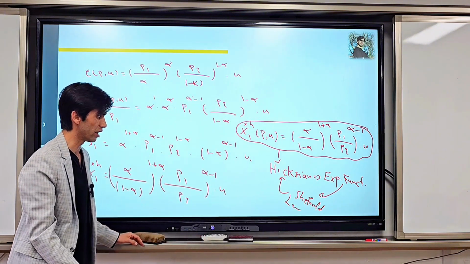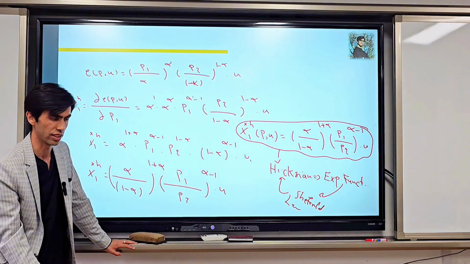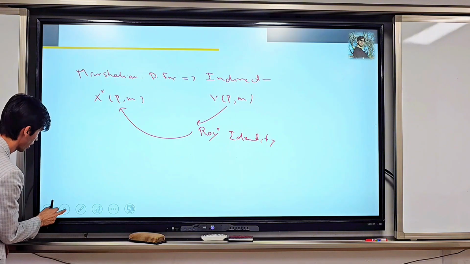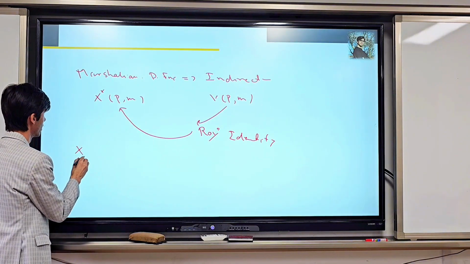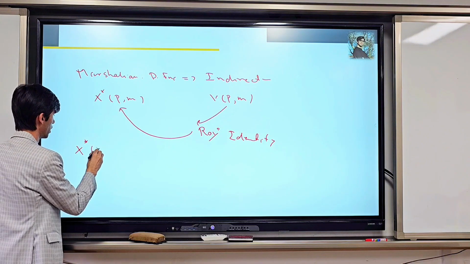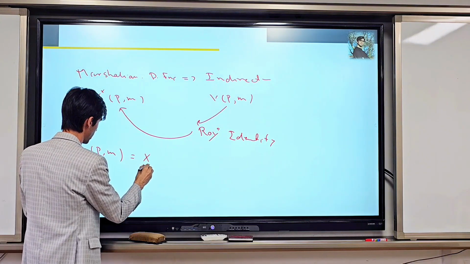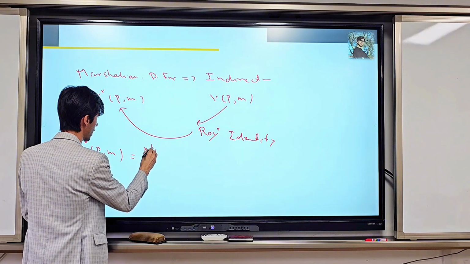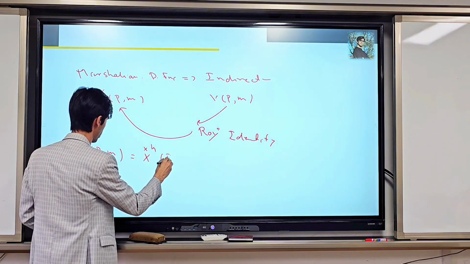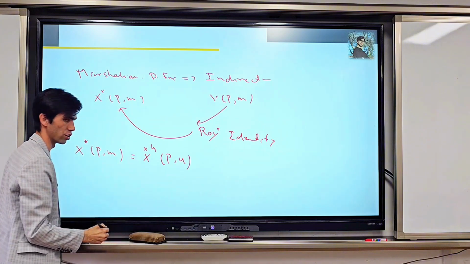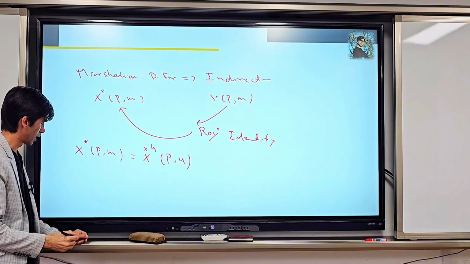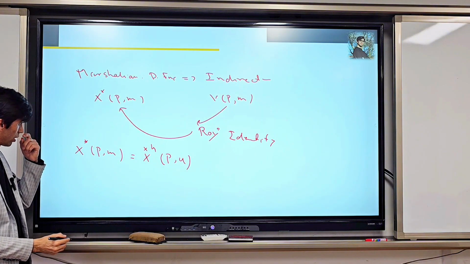And that's why we say that there is a duality. And also that x star (P,M) is equal to xh star as a function of P and U.